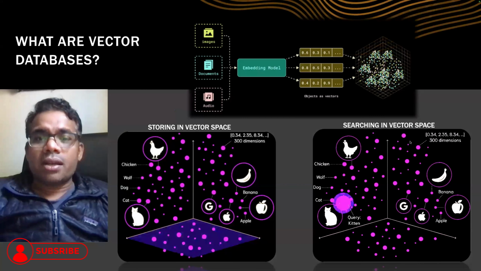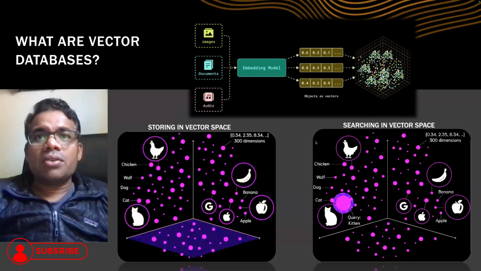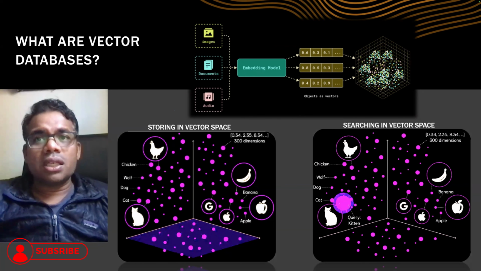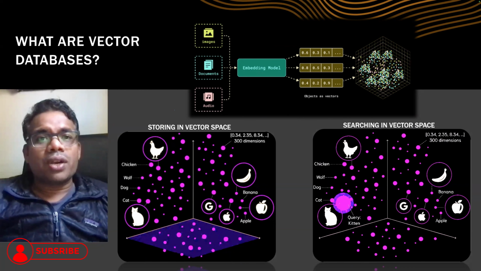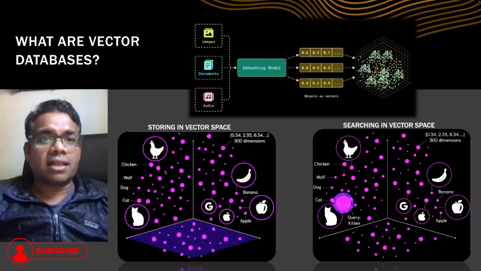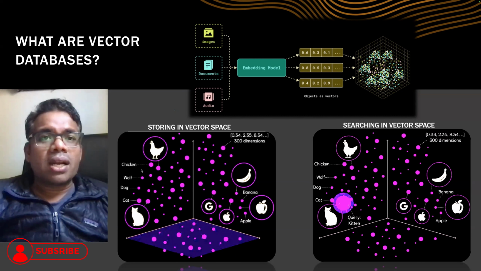Here, when you are trying to store some information into the vector space, how are you storing it? If you see this example, whenever you store the word chicken, it gets stored at this point here.